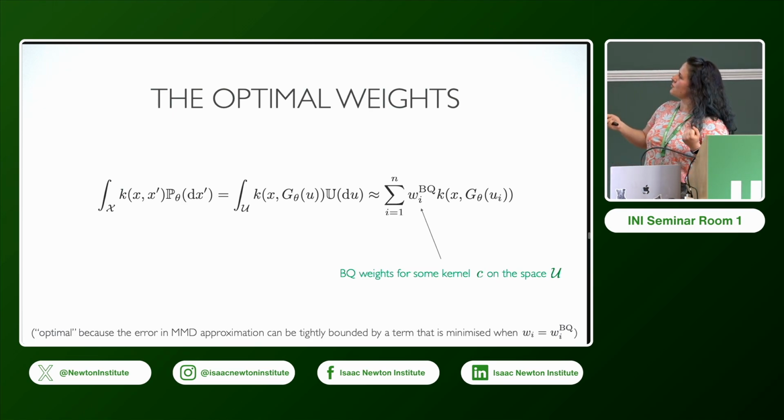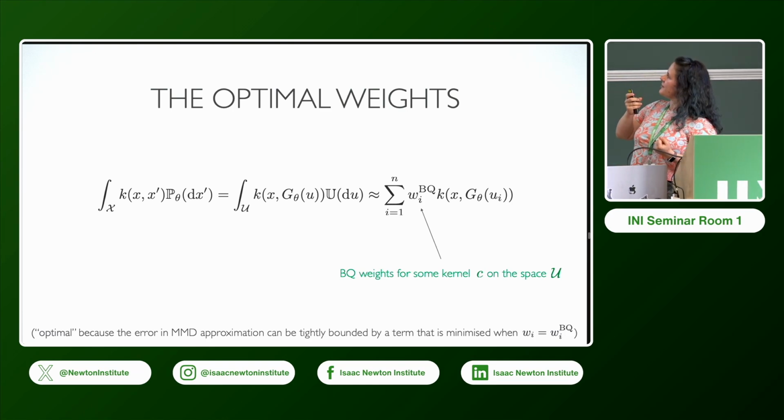I am going to model it with a Gaussian process with a prior C and construct a BQ estimate with BQ weights for some kernel C on the space. This is just for clarity that C is acting on the space U, which is the input space for the generator.